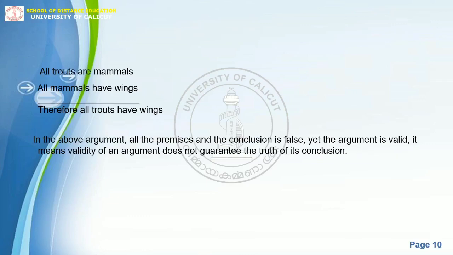Let us go to another example. All trouts are mammals, all mammals have wings, therefore all trouts have wings. In the above argument, all the premises and the conclusion are false, yet the argument is valid. It means the validity of an argument does not guarantee the truth of its conclusion.